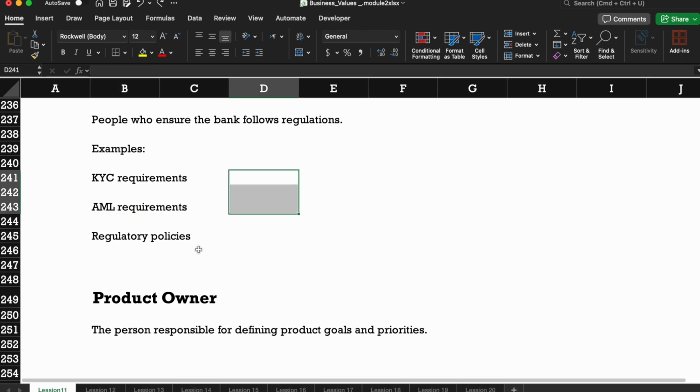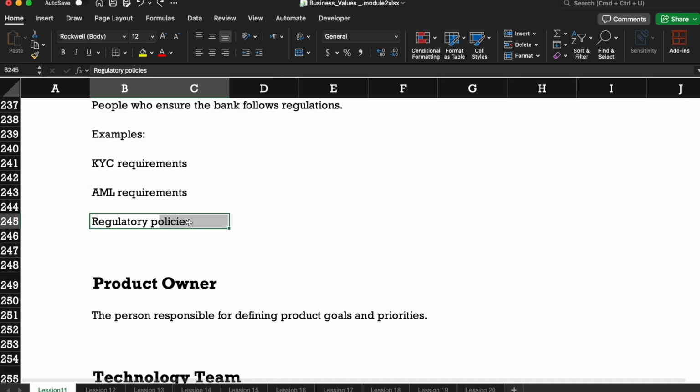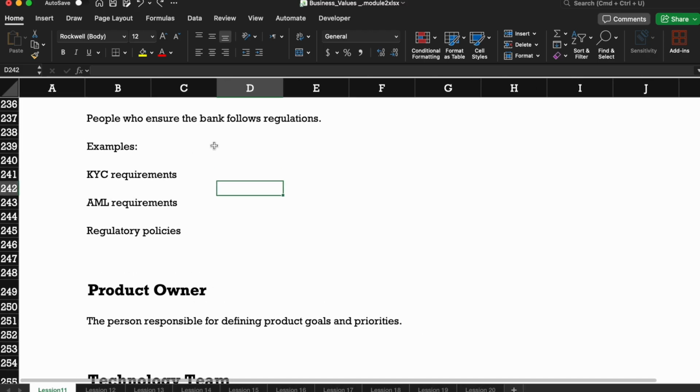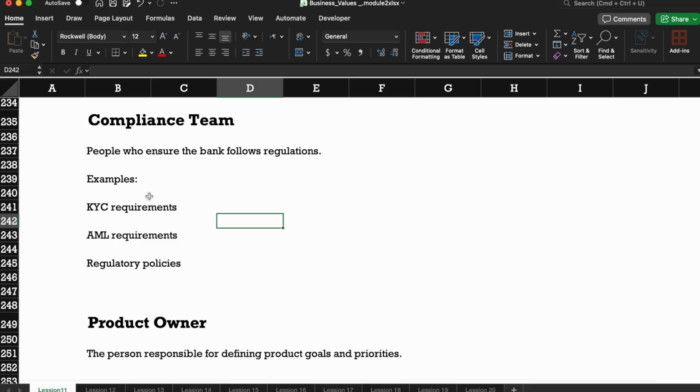Those kinds of government regulatory policies make sure that when we are building software applications, the compliance and AML teams ensure we are following the rules, regulations, policies and procedures required by government and other regulatory bodies.